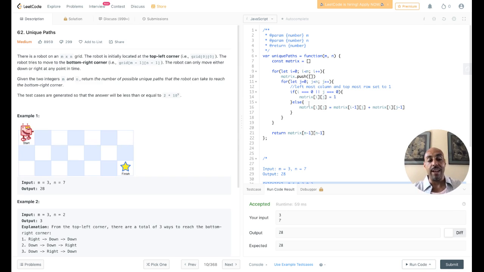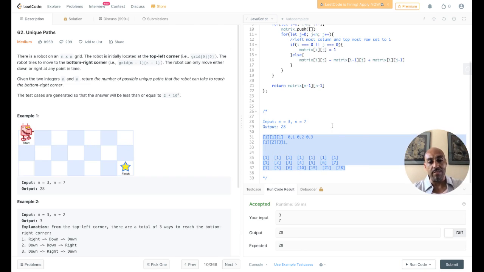In the other case, it's simply the sum of the number of ways you got to the cell directly above you plus the number of ways you got to the cell directly to the left of you. And you add those ways, and we established why that's the case.